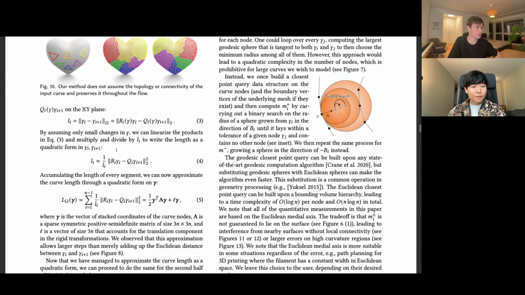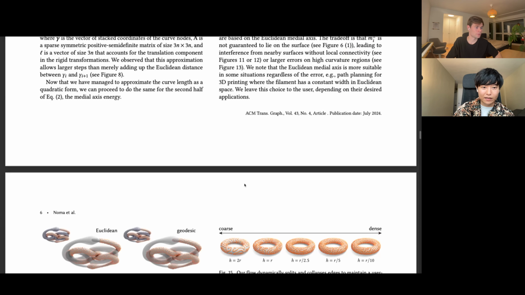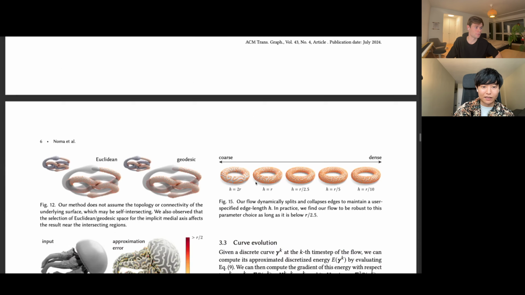Okay, so in our energy minimization, I think we use two approximations. One is in our medial axis energy, and another is in our length term. You're showing the length term right now, so I'll explain it first. If you scroll down a bit, there's a figure explaining how to flatten out the geodesic path.